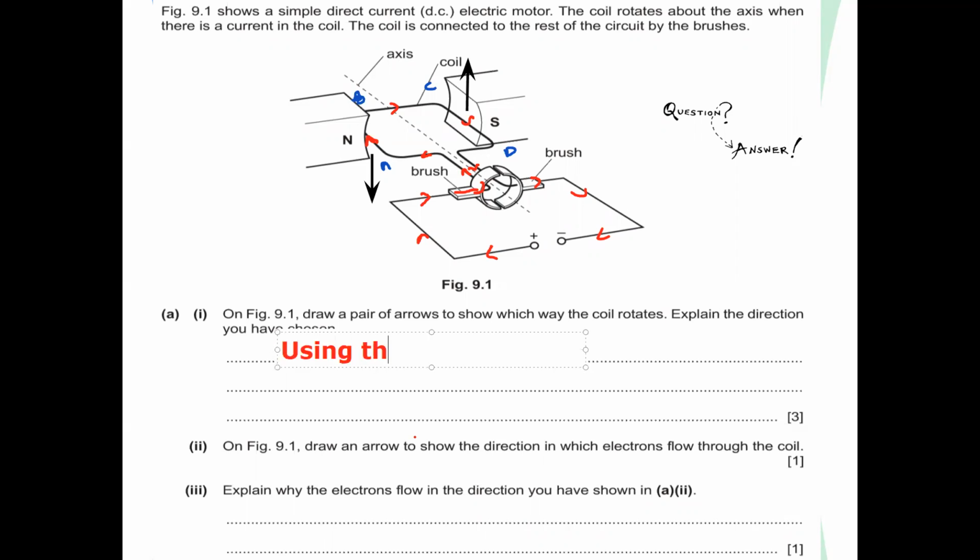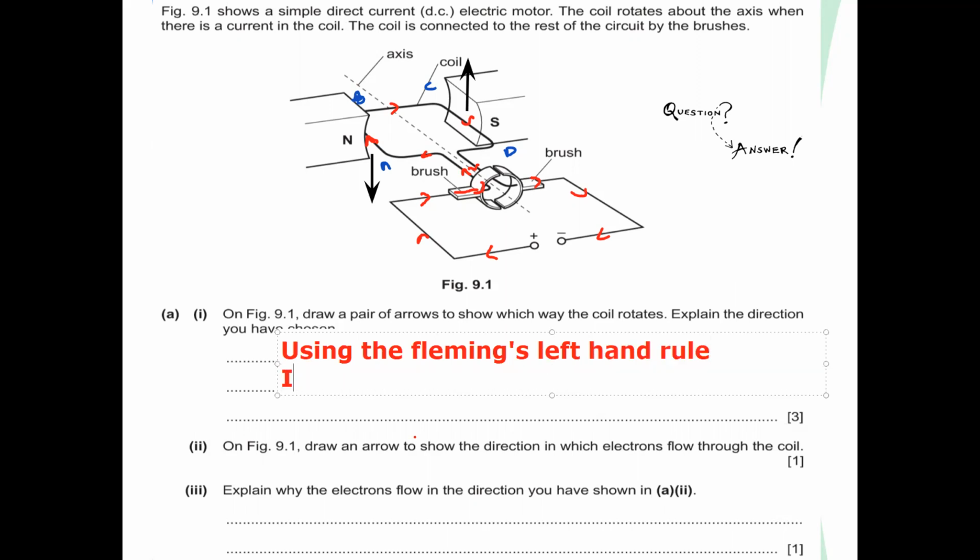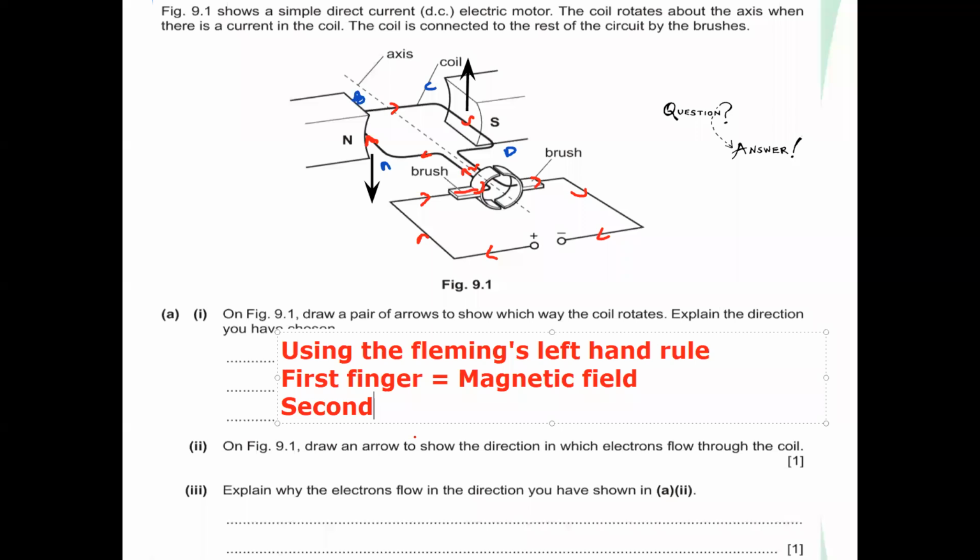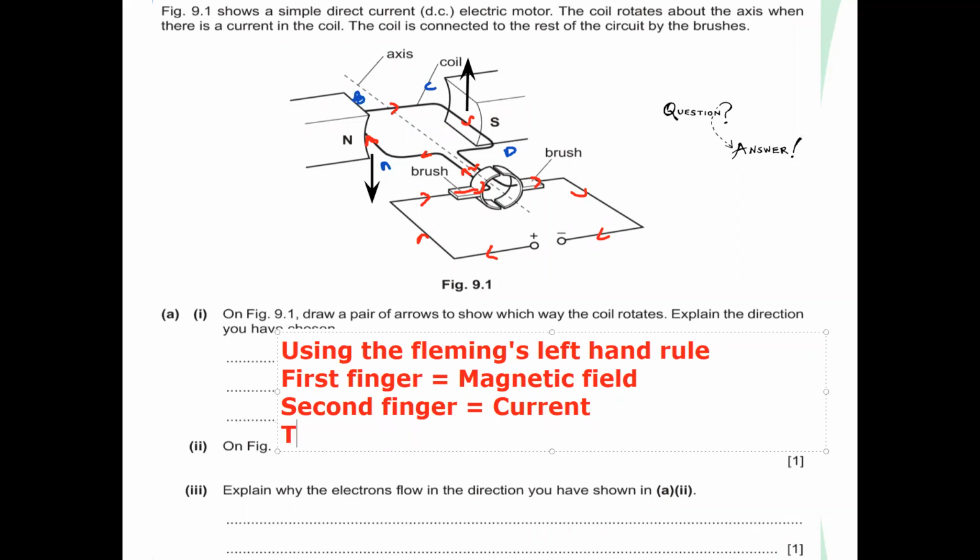Using Fleming's left-hand rule, the index finger, the first finger, represents the direction of magnetic field. The second finger represents the direction of the current, and the thumb represents the direction of force.